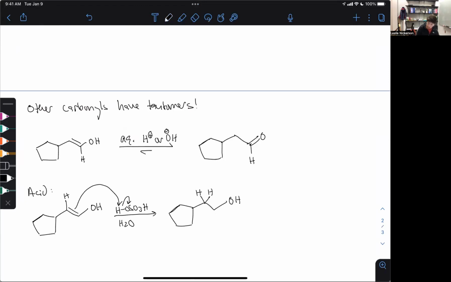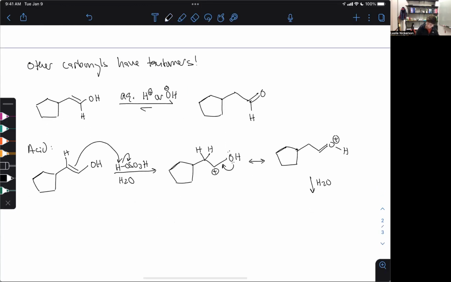So I'm going to add one H, so then I've got two H's on that carbon, leaving me a carbocation next to my alcohol. I can stabilize that with resonance. And then I get to here. I can follow that up with a deprotonation of my oxygen now that it's much, much more acidic. And now I've gotten to an aldehyde.